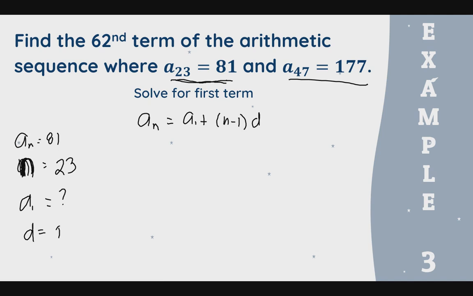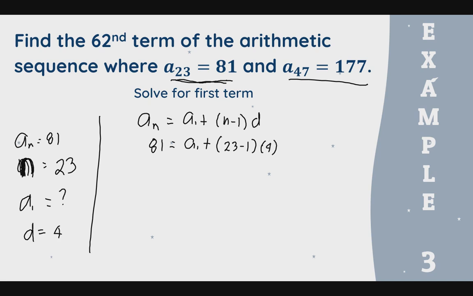Now, let us apply each value to our equation. A sub n is 81, equal to a sub 1, which is our missing term, plus n minus 1, which is 23 minus 1, times the common difference, which is 4.